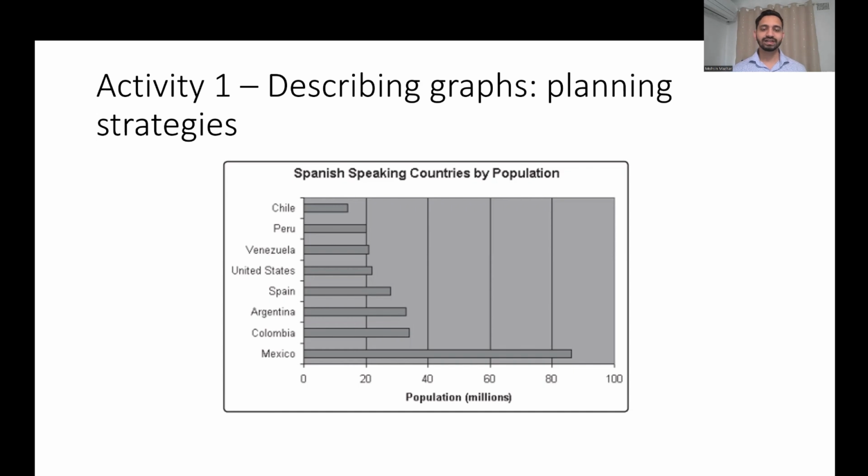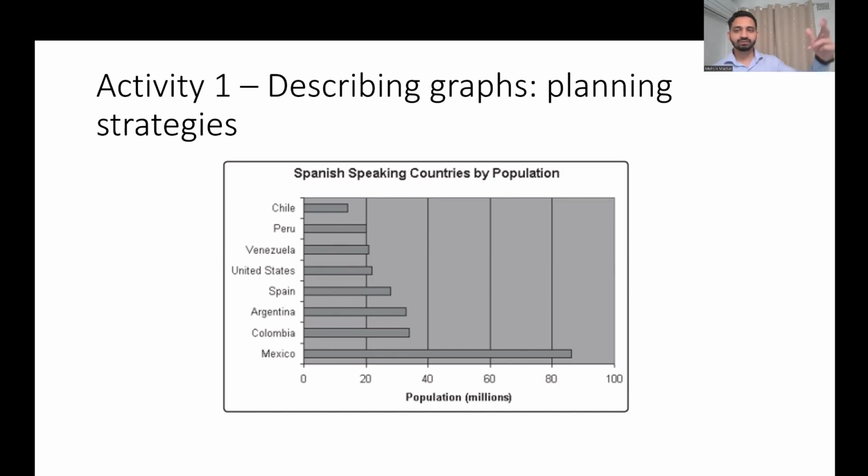What do we have on the axes? On the y-axis, we have countries: Chile, Peru, Venezuela, United States, Spain, Argentina, Colombia, and Mexico. And on the x-axis, we've got population in millions, okay?